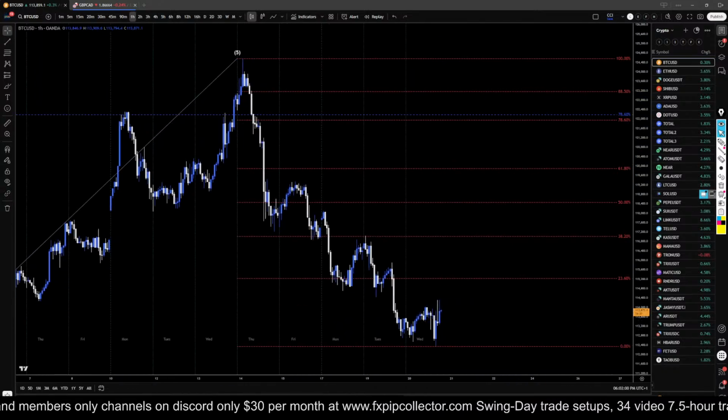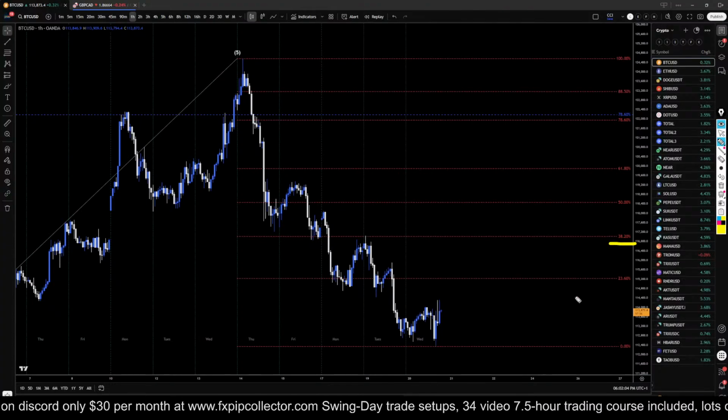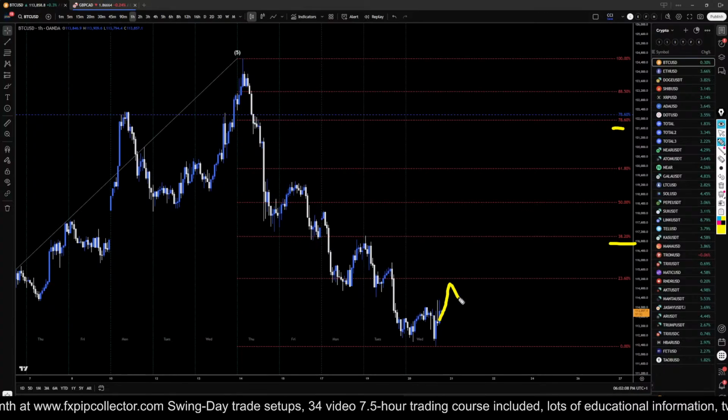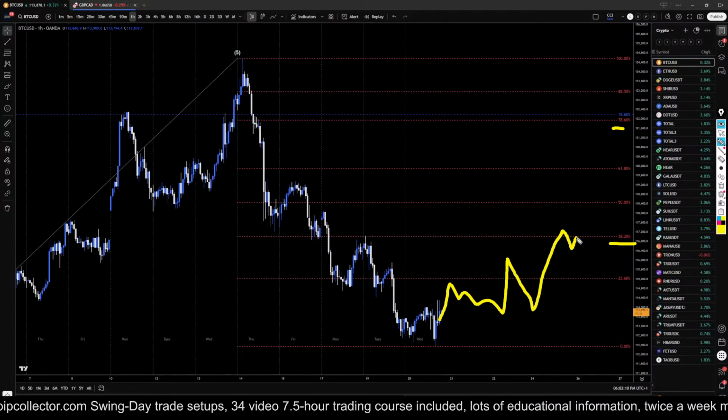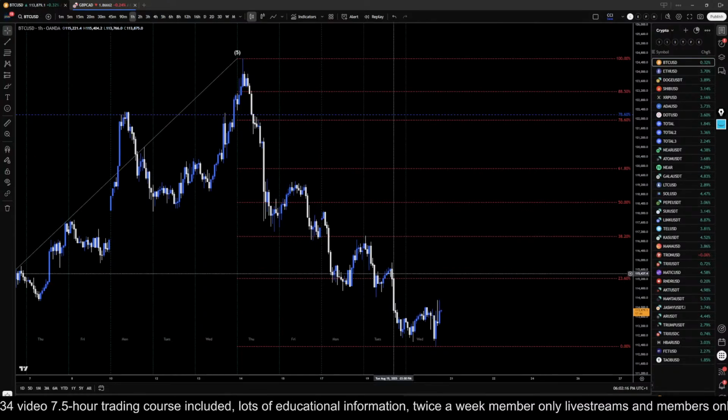I would probably expect a minimum of a 38%. It could even go to 78%, but it's probably going to end up doing some sort of overlapping pattern up to one of these fib levels before it continues back down because of that break of structure on the higher time frames.